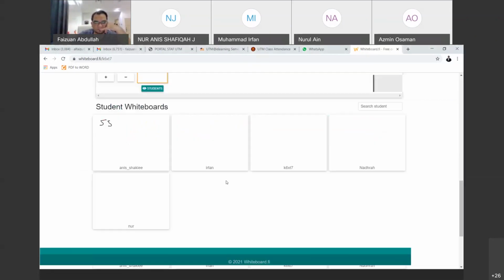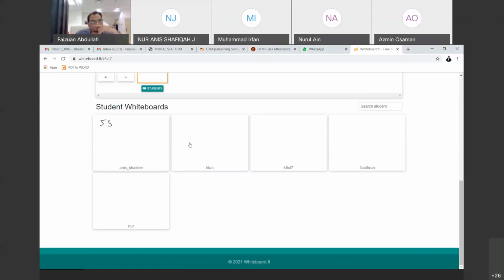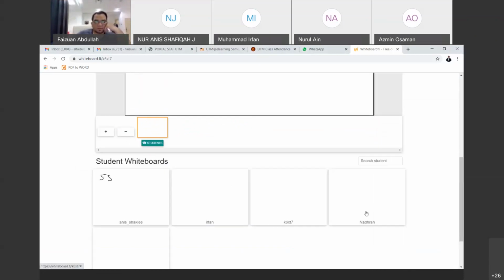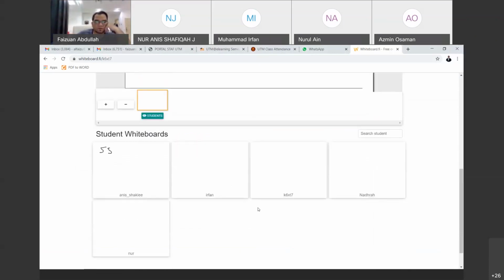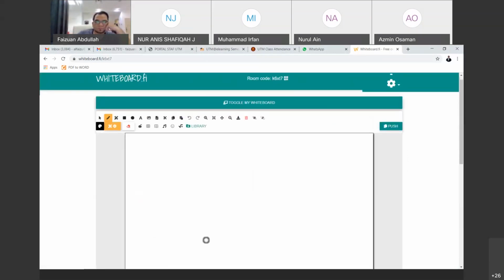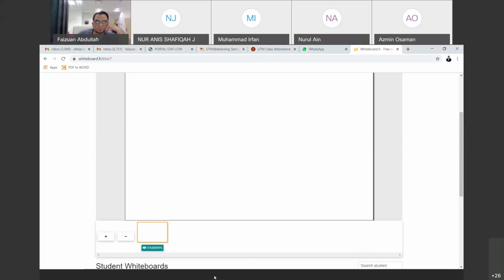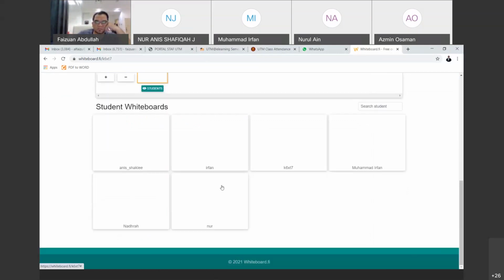You can share the whiteboard, okay? Now I have Anis, Irfan, KCX7, who's that? And Nadra and Noor, inside the whiteboard. You can write down your calculation and you can share after this.